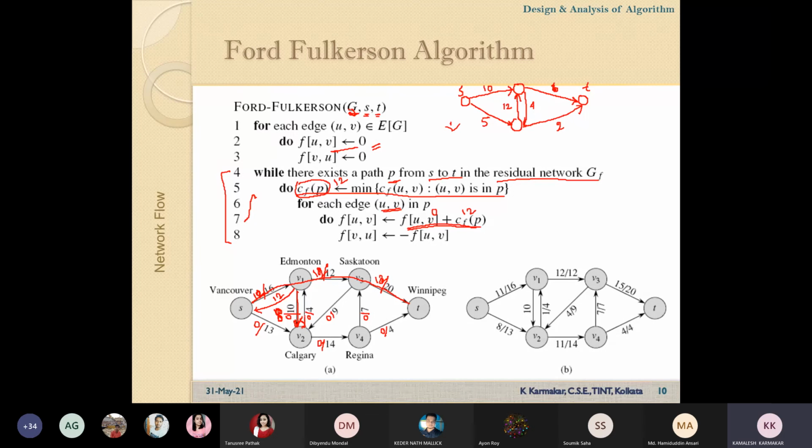In this direction, the flow capacity is 4 unit, and in this direction the flow capacity is 10 unit. Is there any relationship between these two, 4 and 10?